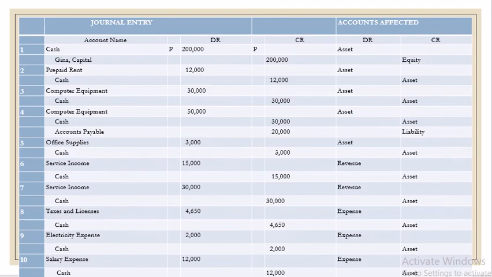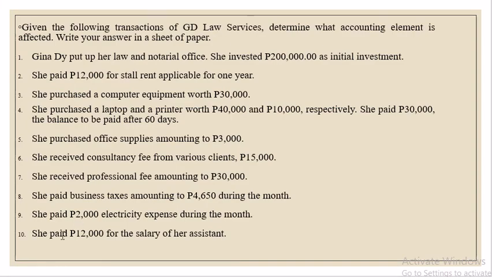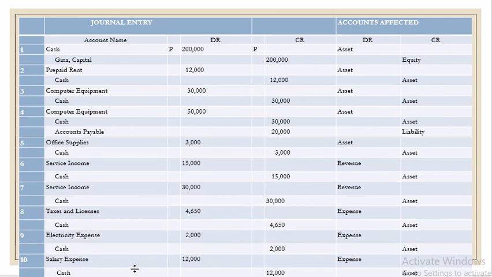So, ano sa kanya ay electricity expenses 2,000 and ang lumabas sa kanya ay cash. Okay. She paid 12,000 for salary of her assistant. Okay. So, salary expenses 12,000, expenses ang affected, then cash 12,000, assets naman yung affected.